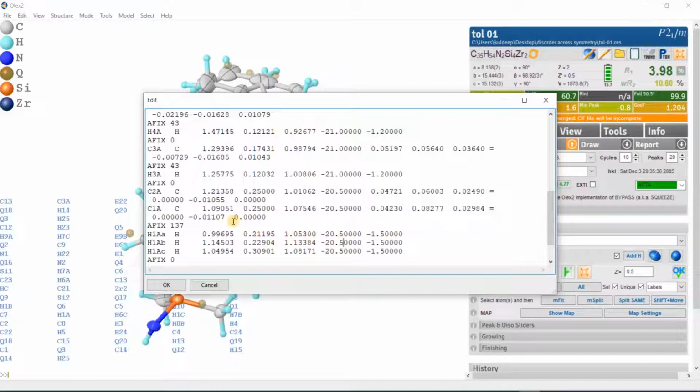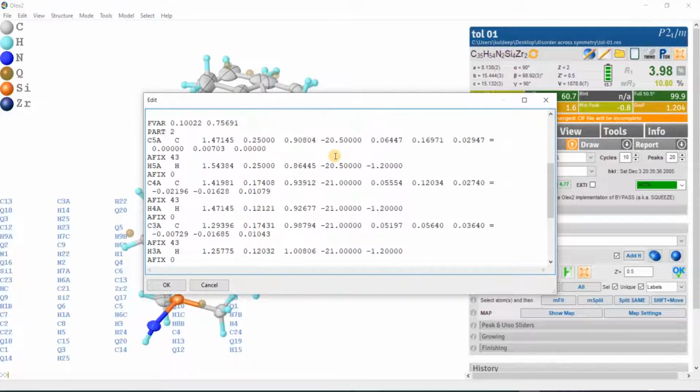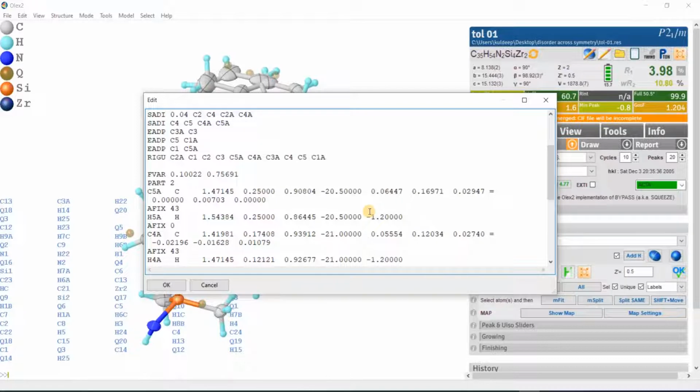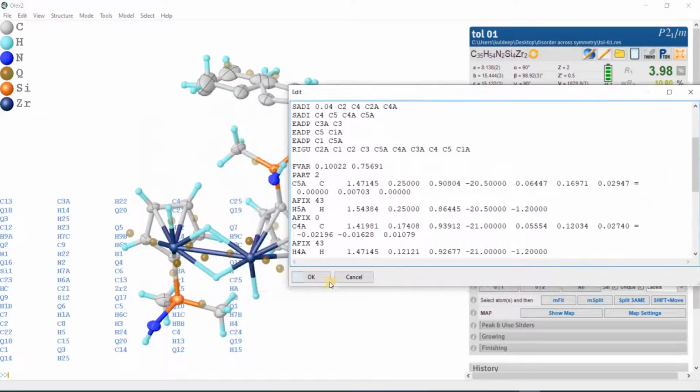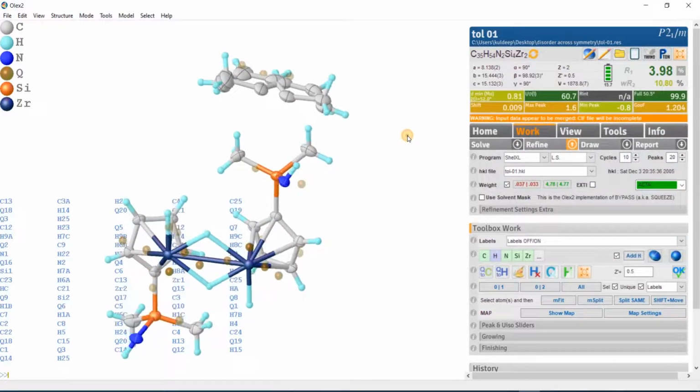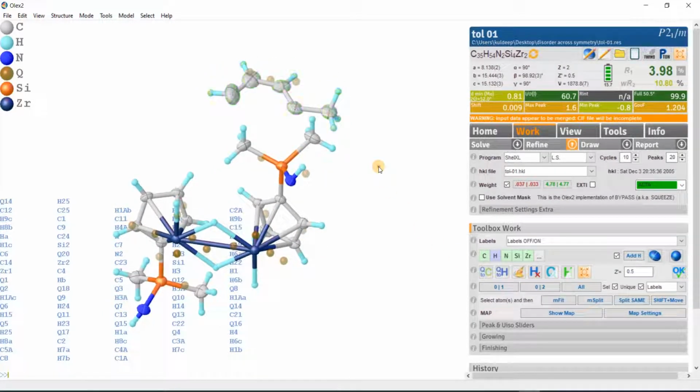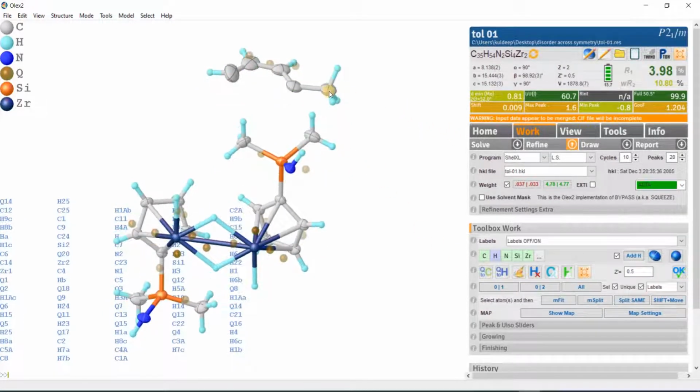Nice. C1, C2, C2A, C3A. So I'm going to select part 2 only. This should be half occupied. Yes. And this should be half, C2A, and this is C5.